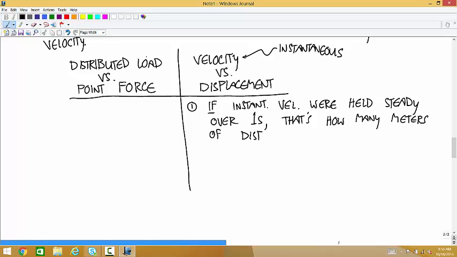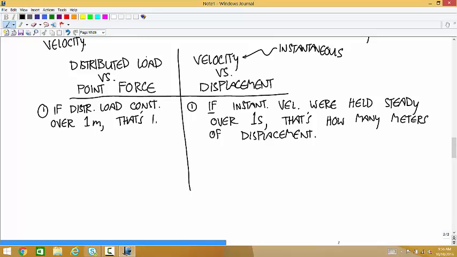That's the number of meters of displacement, right? If you're going 30 meters per second, and you stayed at 30 meters per second for a full second, you'd go 30 meters, right? Distributed load is the same way. If the distributed load were constant over 1 meter, that's how much total force would be applied.